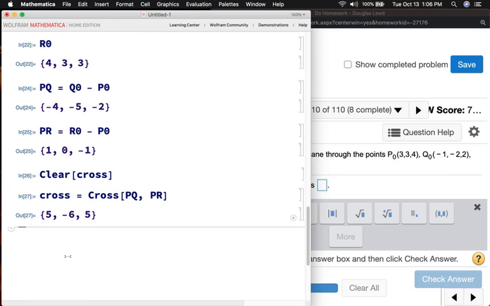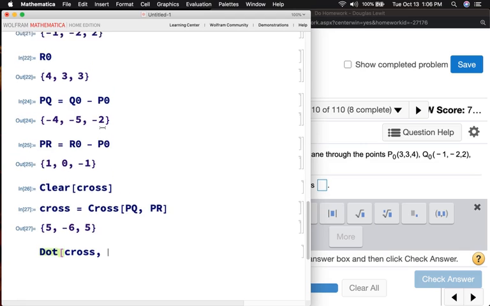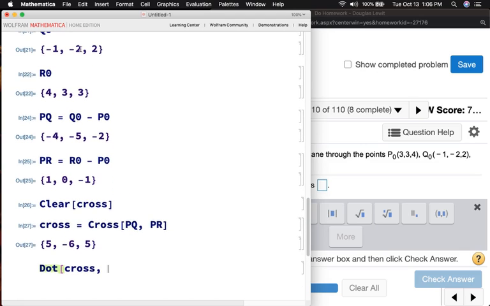Okay, dot product of cross PQ, PR, with x minus 1. Oh, I'm sorry. Let me look at the original point here, R0. I'm looking at R0 right over here, guys.